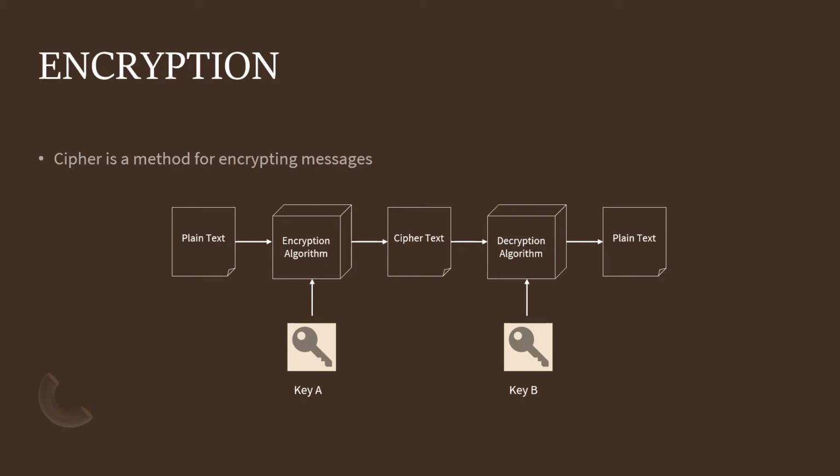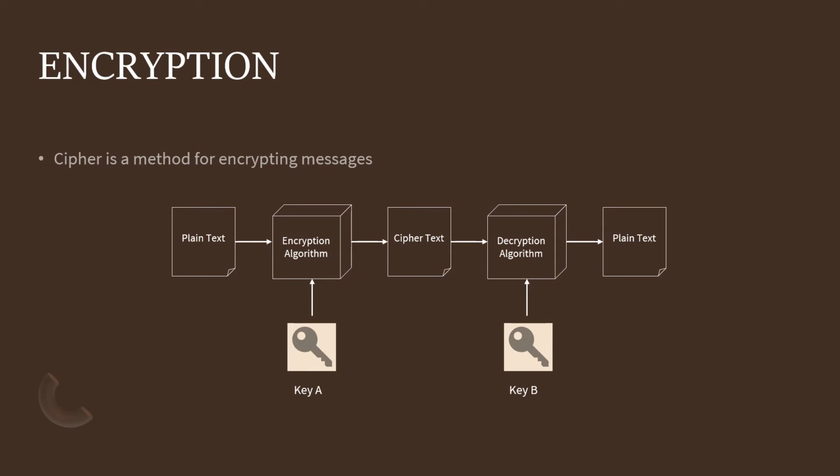So for the first part of secure communication, we have encryption. A cipher is a method for encrypting messages. Here we have a diagram of how we pass from a plain text, use an encryption algorithm, and produce a ciphertext. In the same way, we can go the other way and use a decryption algorithm to produce again the plain text.